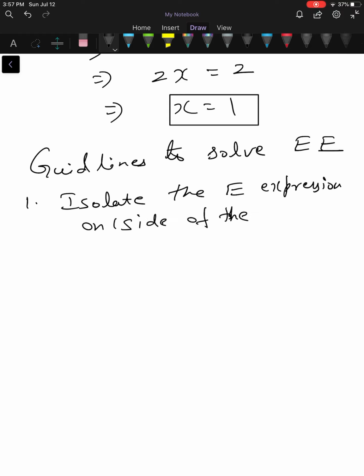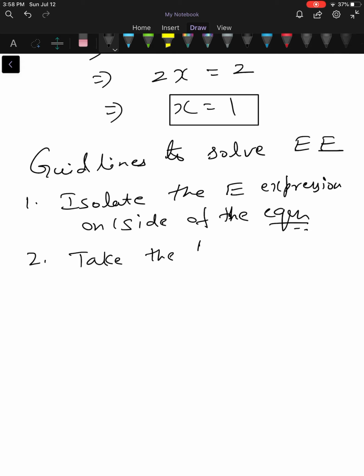Bring all the exponential terms on one side, so that you can apply the rules of exponents, as well as logarithmic properties or nth root properties, and simplify, because the bases will be the same. So this is the first step.